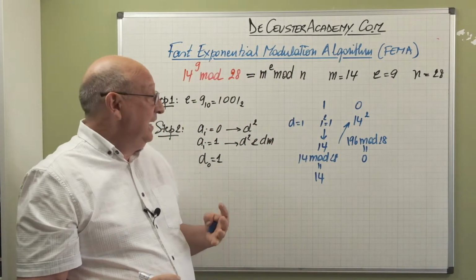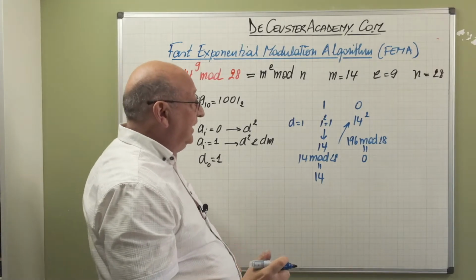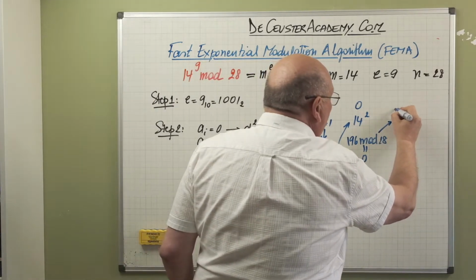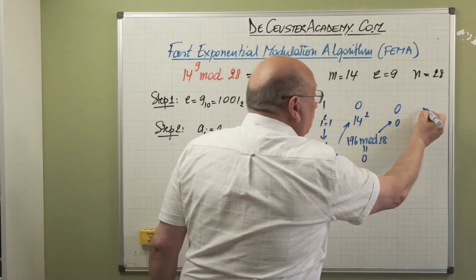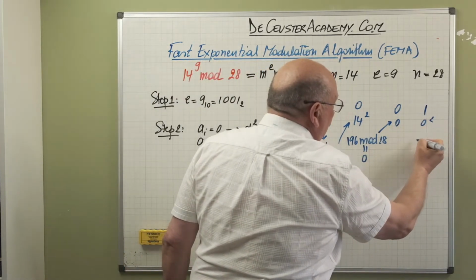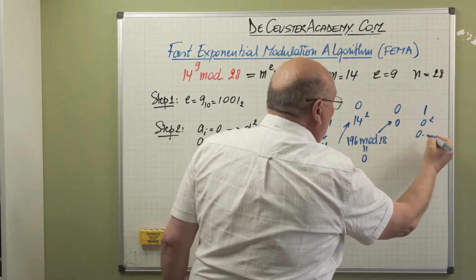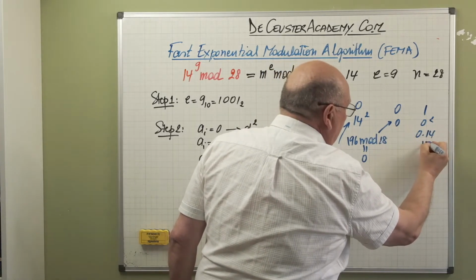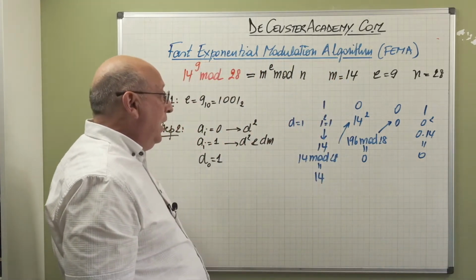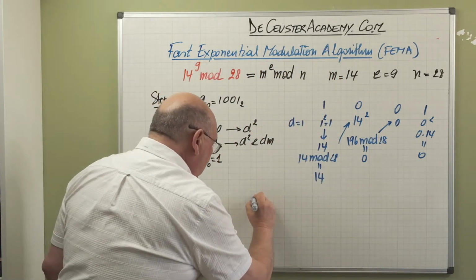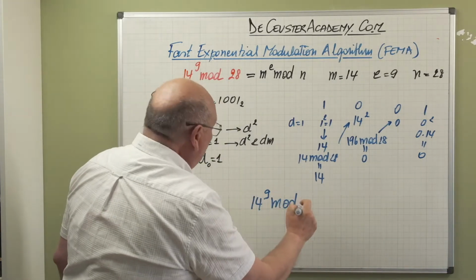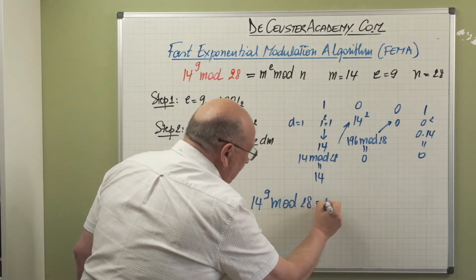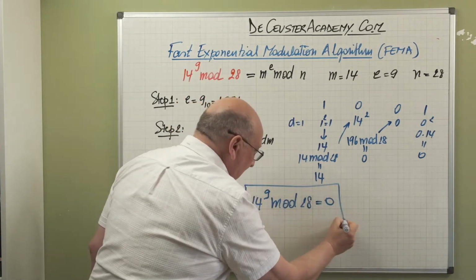Now, that's in fact very interesting in this case, because now we have 0, so d is again 0, and the last one, 0 to the square, and 0 times 14 is also equal to 0. So basically what we find here is 14 to the power 9 modulus 28 is equal to 0. And that's the end result.